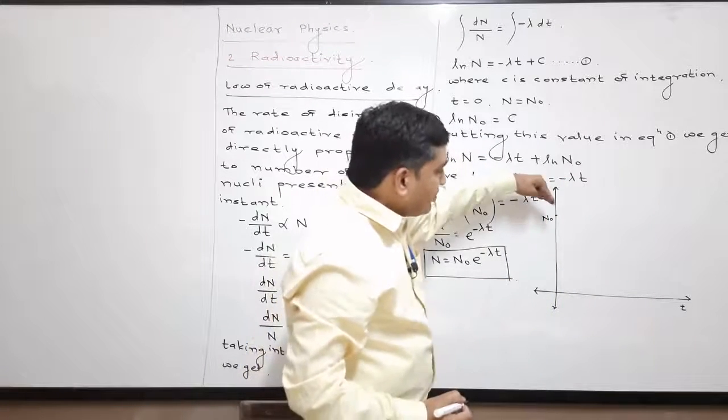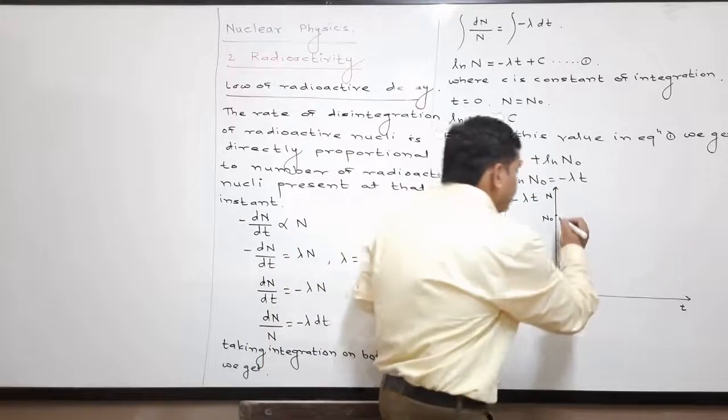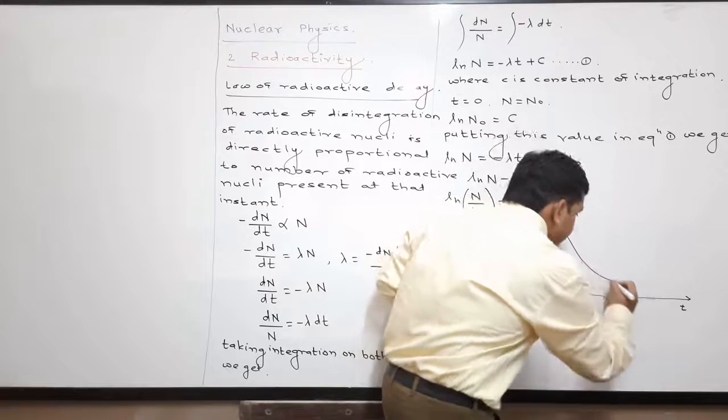Now this number of radioactive nuclei disintegrates exponentially with time, and therefore the graph is like this.